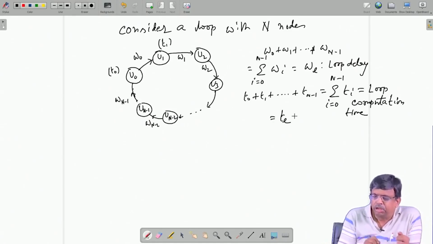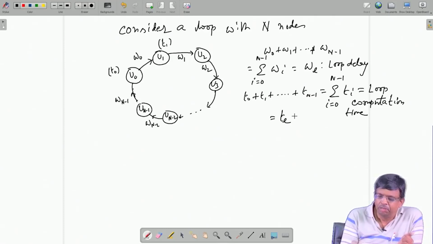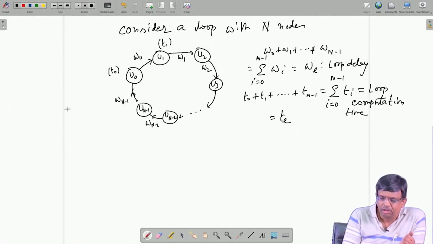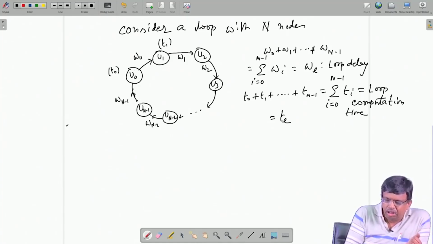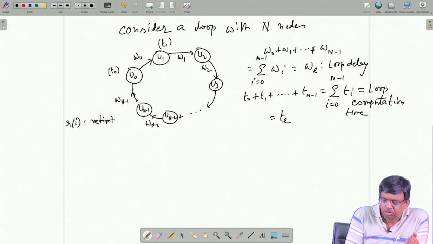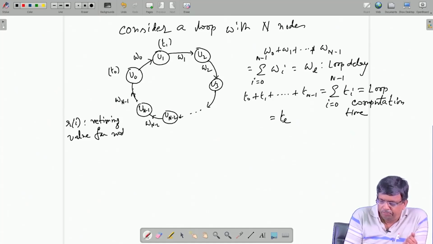Okay. Now, suppose I retime the loop. That means, I will be assigning retiming values to them. So, I will have R of 0 for U0, R of 1 for U1, like that. So, basically I am choosing R of i retiming value for node i.